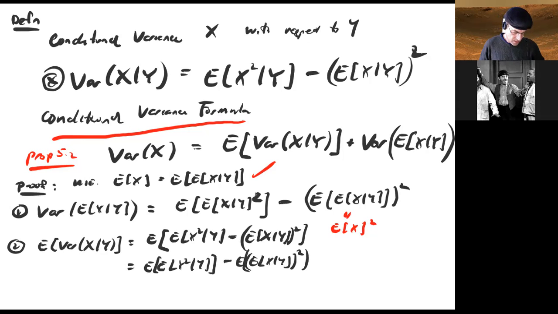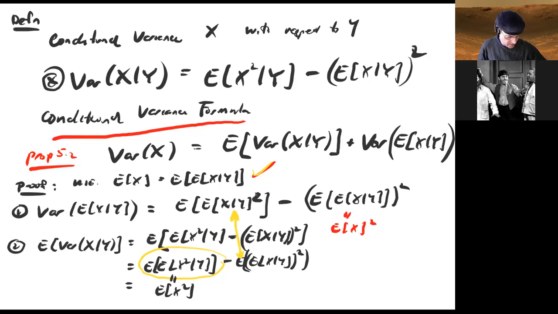Okay, so now what do you get? Well, the first term here, by this formula applied in a different situation where X is replaced by X squared, gives me E of X squared. So this term is E of X squared. And this term here that you get does not go away. It's the same as the term above.